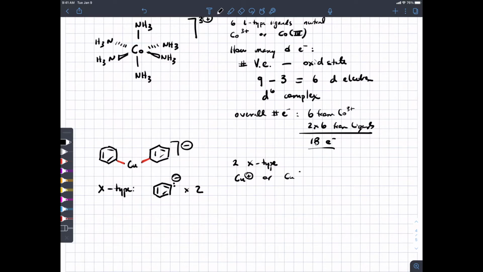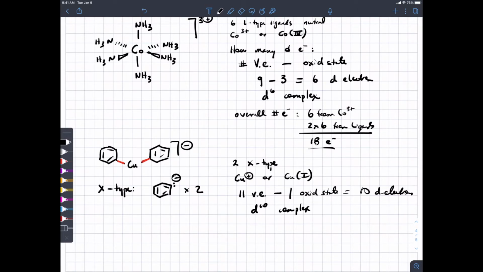And we can write that in a couple of different ways. Now let's figure out how many d electrons. We've got, for copper, 11 valence electrons, and then -1 for oxidation state. So that means there are 10 d electrons, or this is a d10 complex.